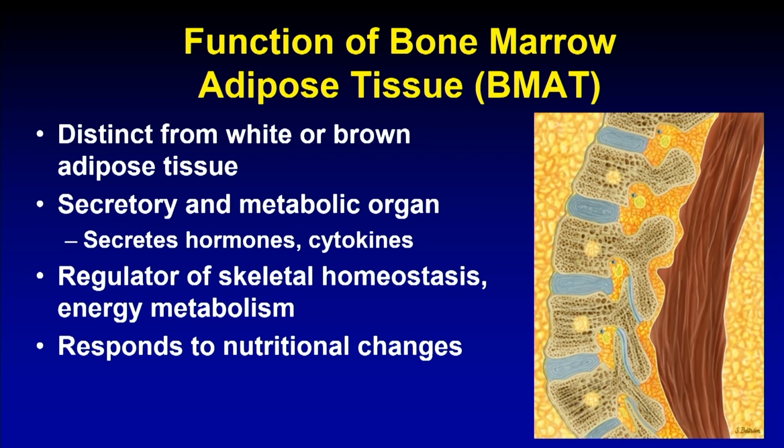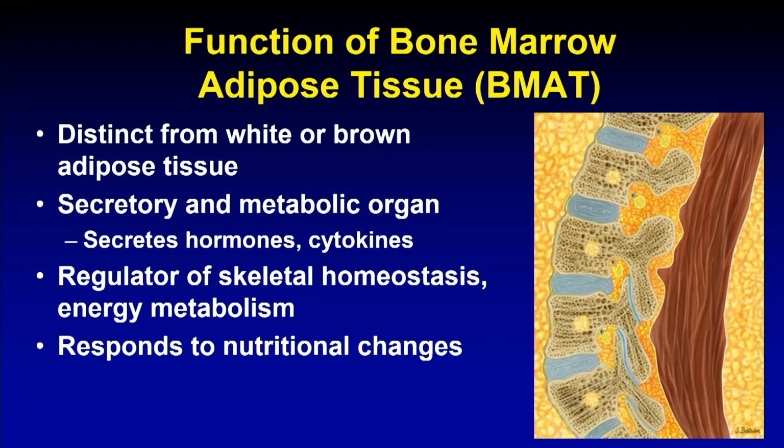We also learned that it's very different from your white fat, like your subcutaneous or visceral fat, or brown fat. And now we found out that marrow fat actually functions as a secretory or metabolic organ. Marrow fat can secrete hormones and cytokines, and it plays a very important role in skeletal homeostasis, meaning it is really important for your bone health, depending on the hormones and other substances it secretes, but also for energy metabolism.